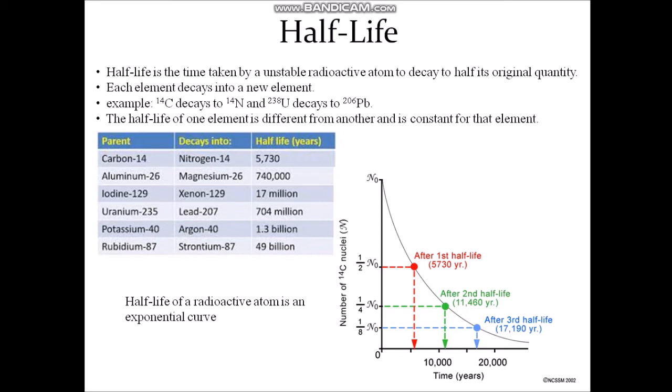You can see here the curve is not touching the x-axis. Only half of what you have will decay or disintegrate. So after hundreds and hundreds of years, some of the element is always left. You're not left with zero.